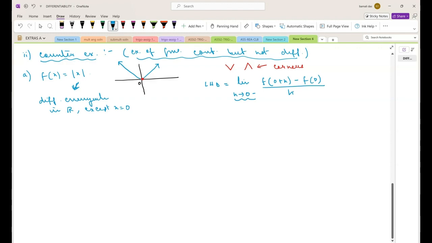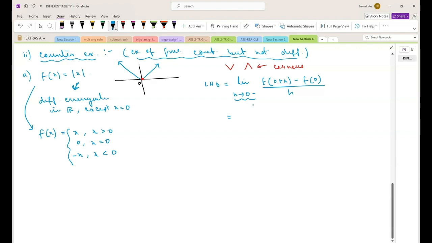This is my left hand derivative. So first always write the formula, then plug in the value. Now if we deconstruct the function a little bit, then what do you get? It is plus x when x is greater than 0, 0 when x equal to 0, and minus x when x is less than 0. So you know that this is the definition.